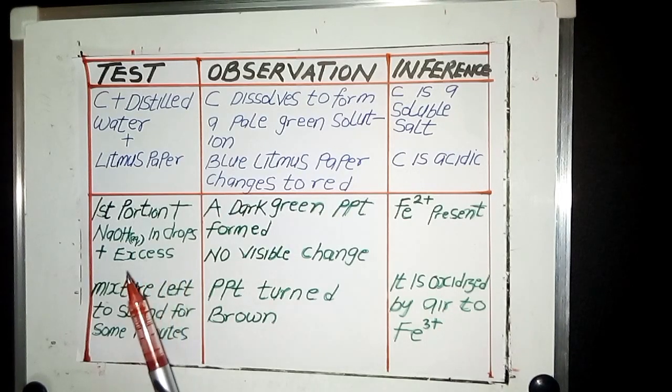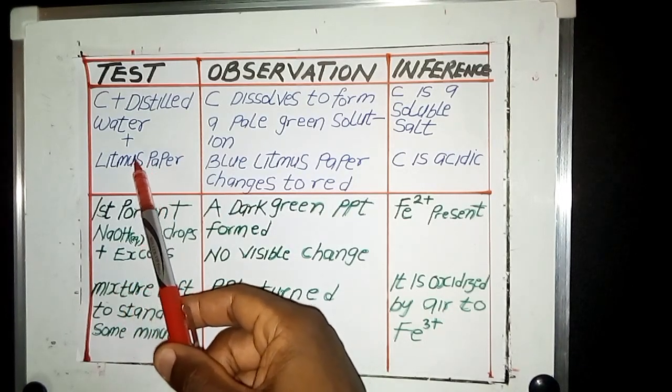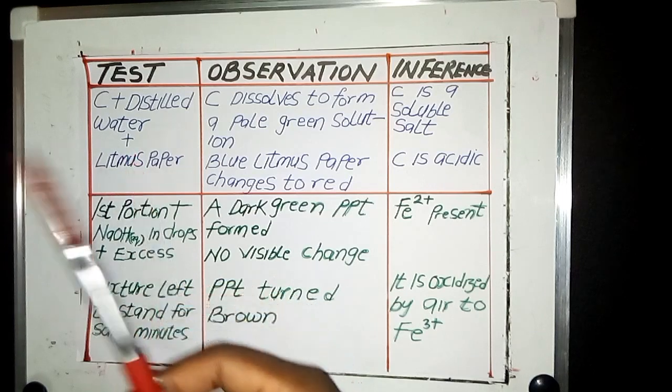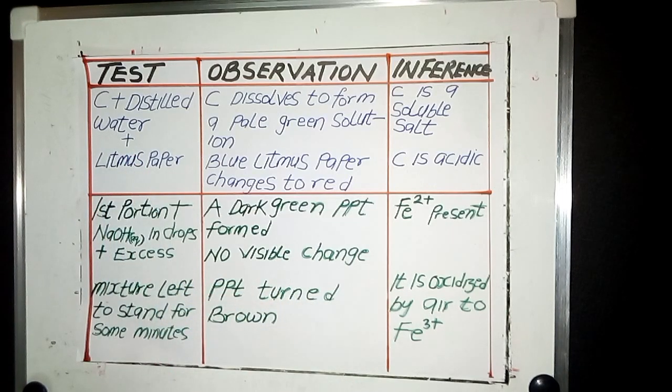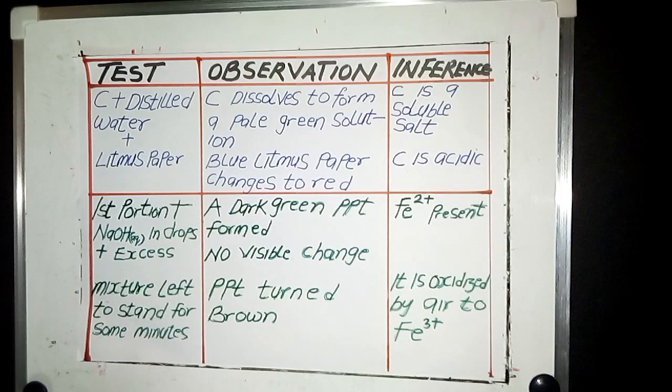Also add C plus litmus paper. Iron 2 chloride is made up of a strong acid and a weak base, and so you expect the strong acid to have an overriding effect over the weak base. So FeCl2.